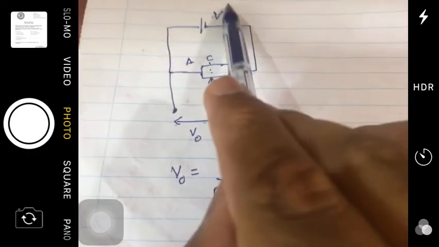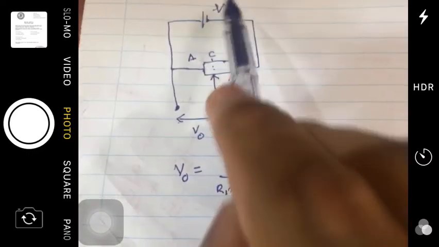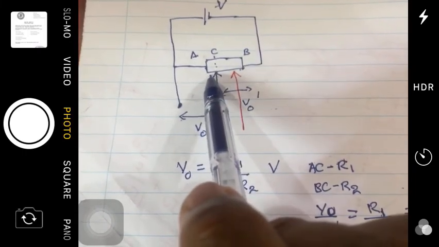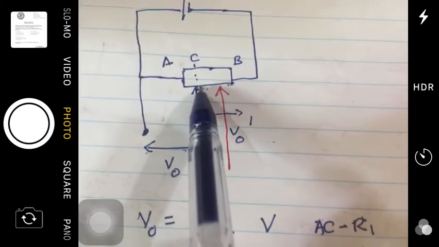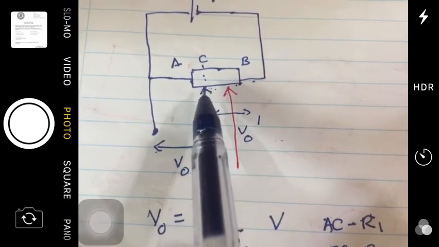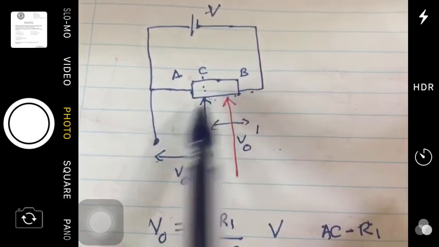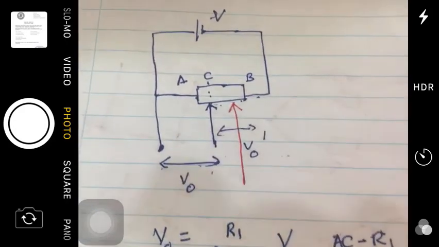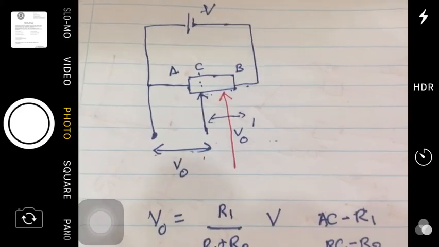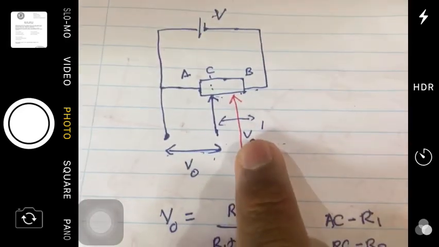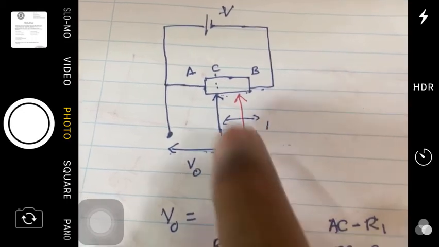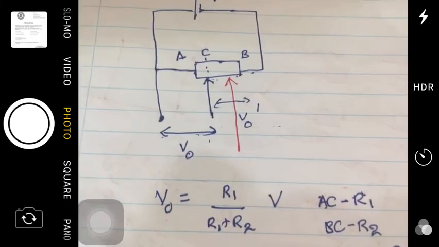So I have a certain potential, and from that potential I am dividing that potential across AC and CB. Since the resistor is variable, you can continuously change the values by sliding the key, and you can continuously change this output potential as well.